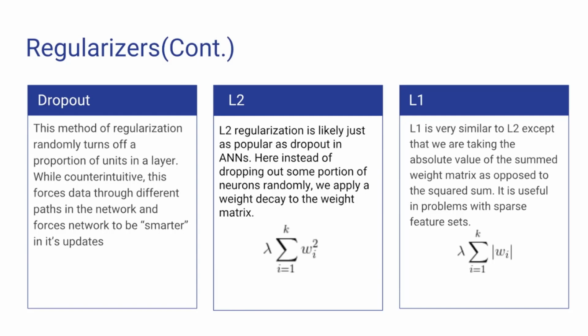L2, on the other hand, is a term applied to the weight matrix itself. Down there I have the equation, and let's just take 30 seconds and walk through what the math is telling us. Lambda in this equation is our regularization parameter.